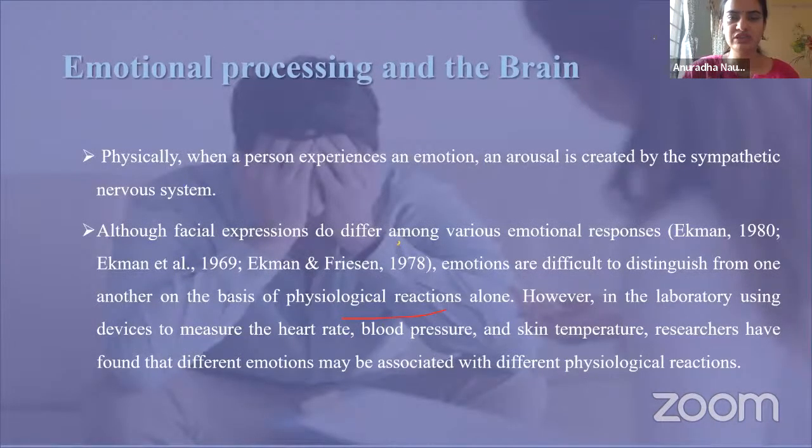Then the emotional processing of the brain, which is basically summarized as: different people experience different emotions differently, and not all emotions can be checked physically, or just on the basis of physiological reactions alone. Just because my heart rate is increasing does not mean that I will be afraid. Maybe I'm excited.